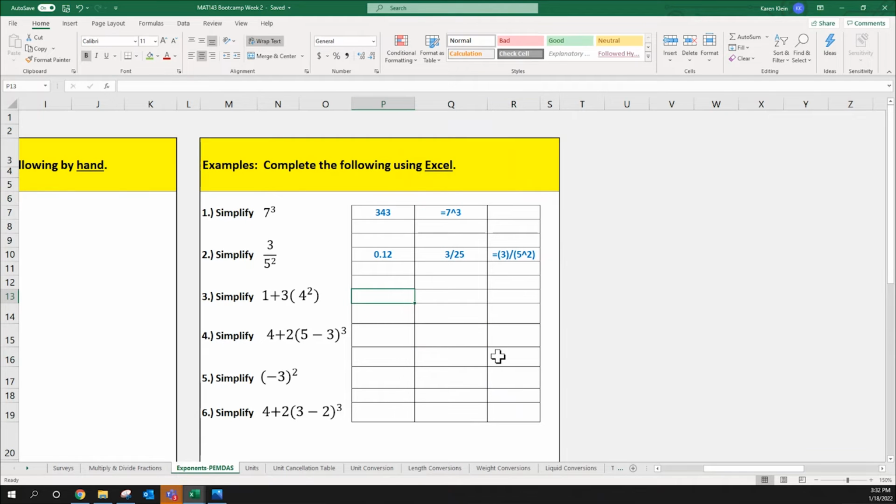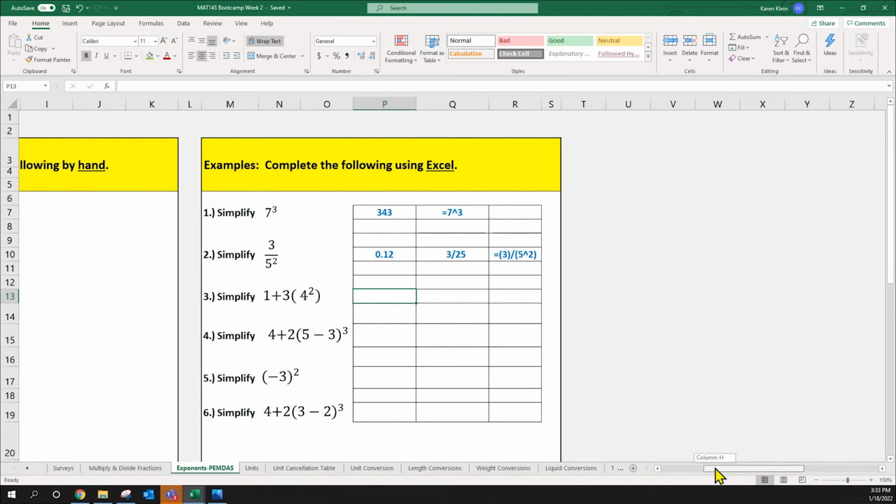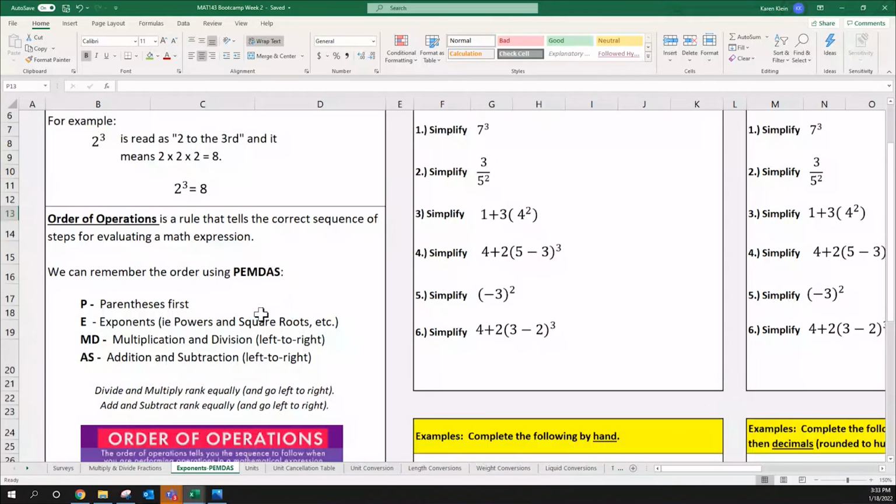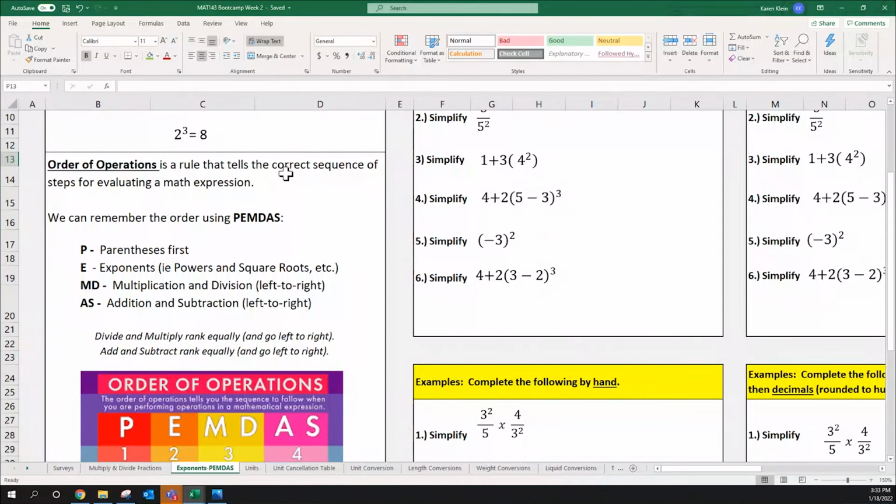All right, let's try the next one. With these, we have order of operations going on. Order of operations is a rule that tells us the correct sequence and steps for evaluating a math expression. For example, we have PEMDAS, the one that we've been told since we were wee little. PEMDAS represents: take care of parentheses first.